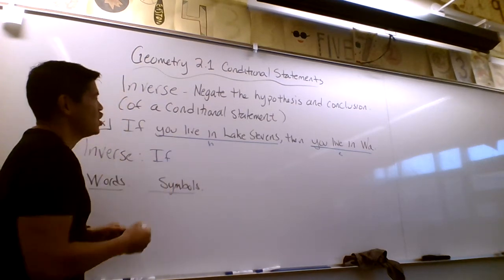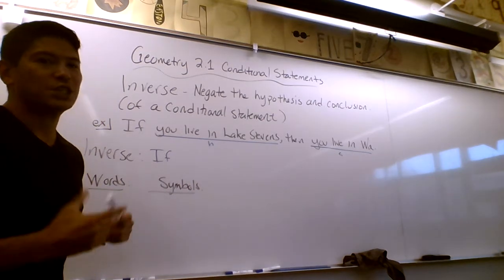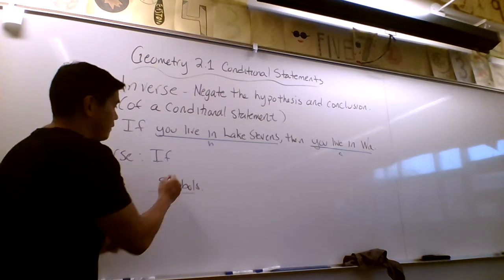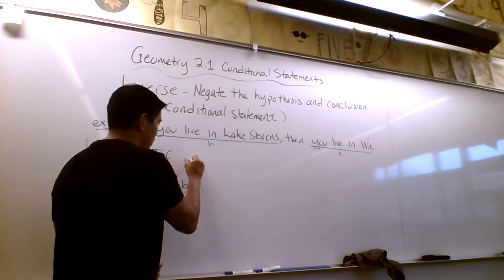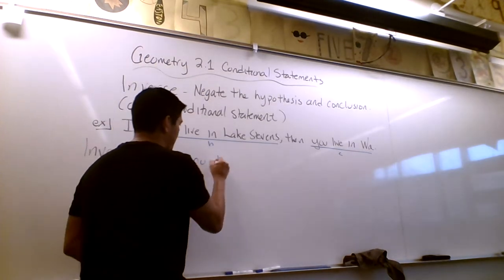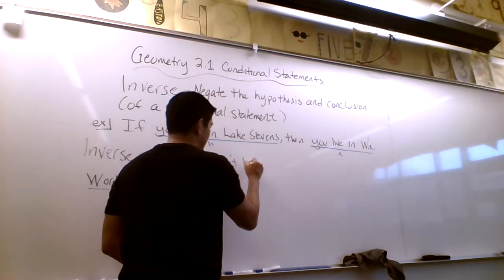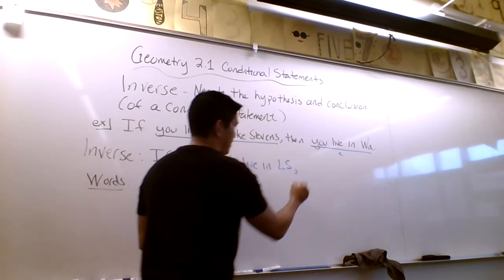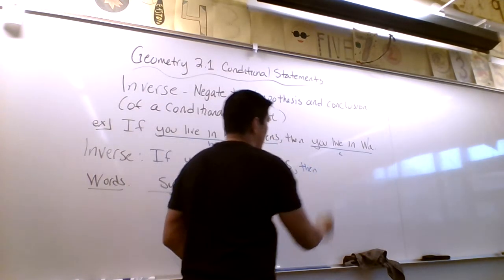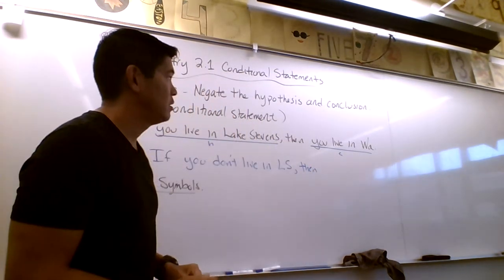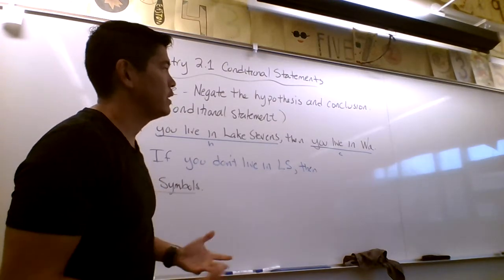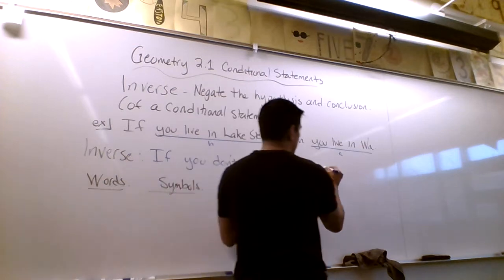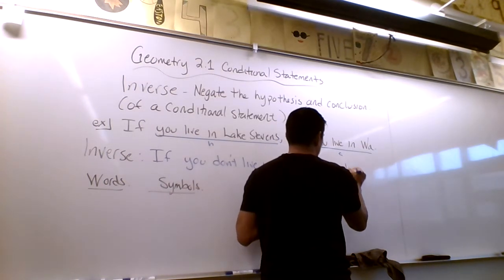So instead of saying not you live in Lake Stevens, you just have to word it correctly, something like: if you do not live in Lake Stevens, or if you don't live in Lake Stevens. Then you also want to negate the conclusion. The negation of you live in Washington is you don't live in Washington. So then you don't live in Washington.